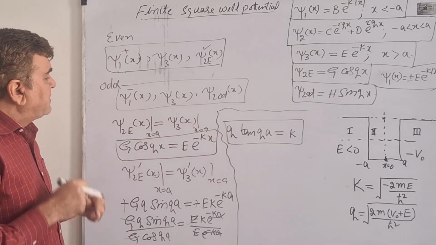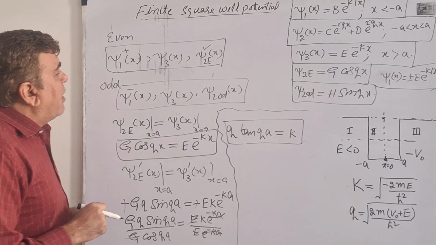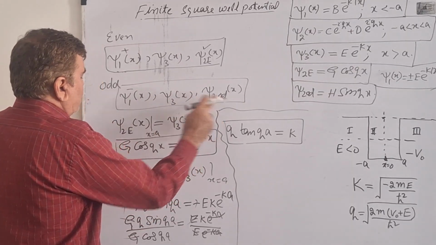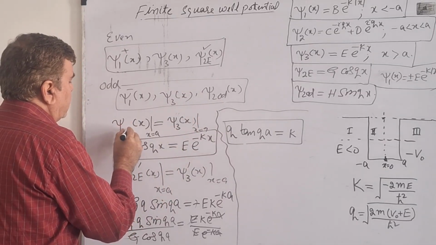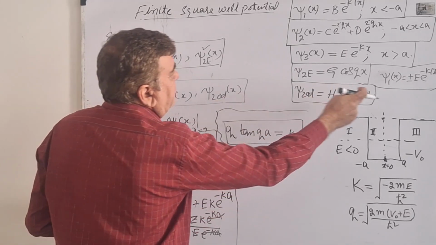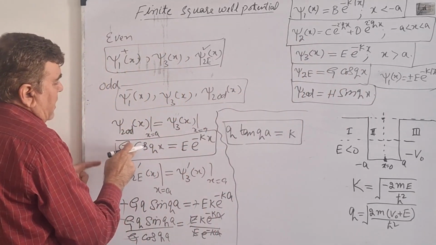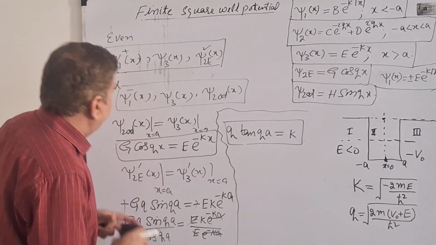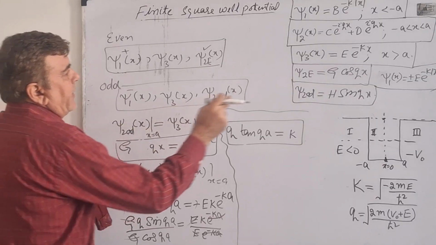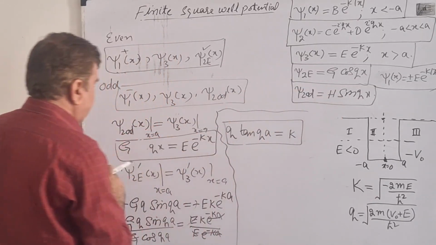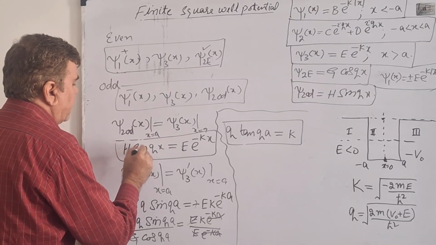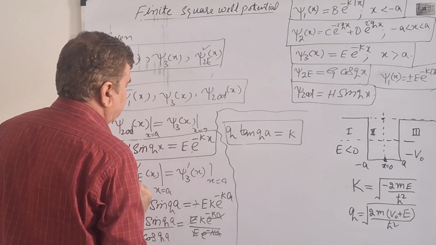And what if I do the same for odd functions? For odd function, I have psi 2 odd. So I'll put this thing with psi 2 odd, right? And x is equal to a. And then psi 3 of x is again the same thing. And I would like to put the value here, psi 2 odd is in fact H sine of qx, equal to the same thing.